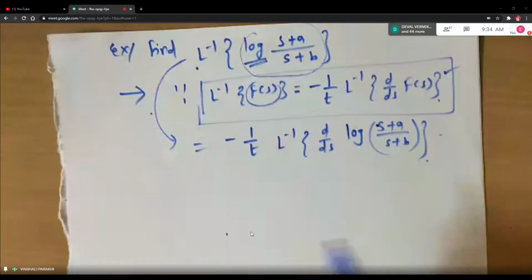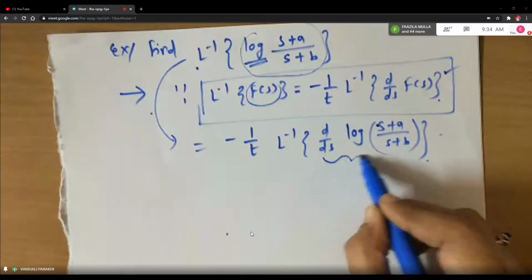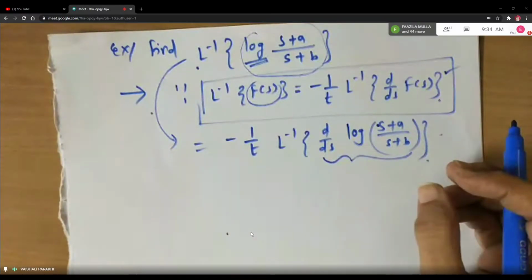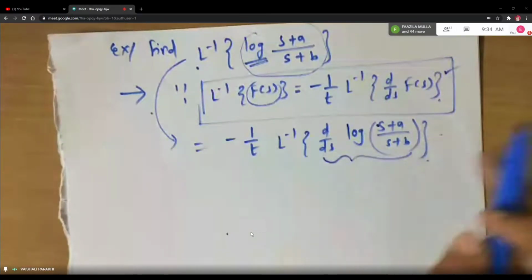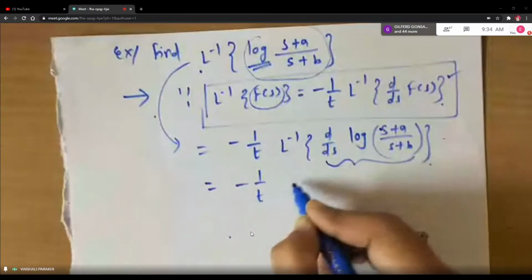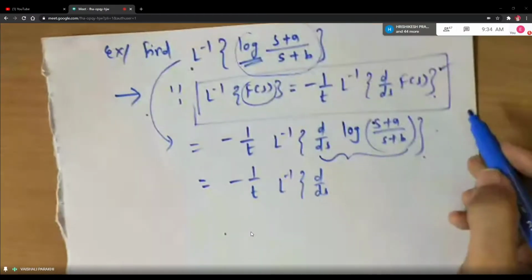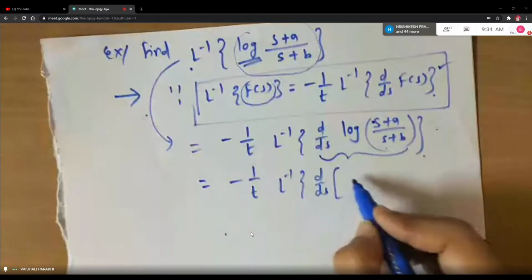So next step. Now can you guess what will be the next step, students? You need to simplify this bracket first, right? And then whatever you get, you have to find its L inverse. That's all. Now simplify the bracket means, what I mean to say is, before finding the derivative, what is log of m upon n, students?